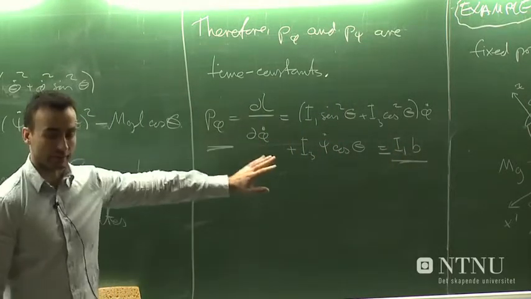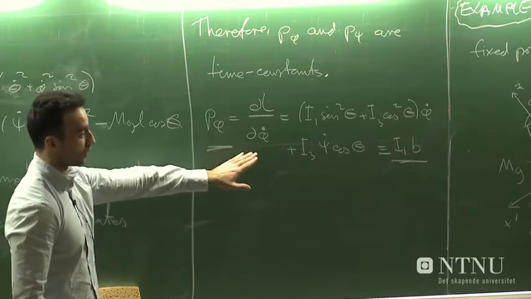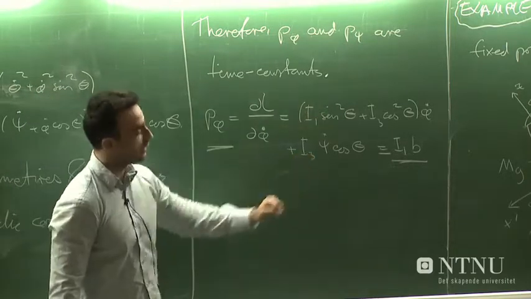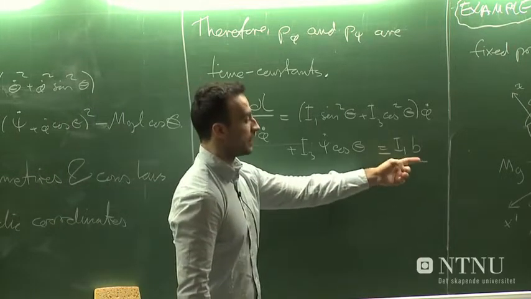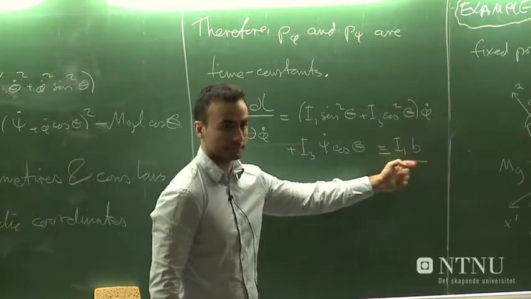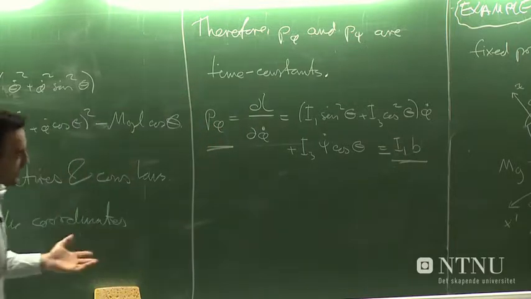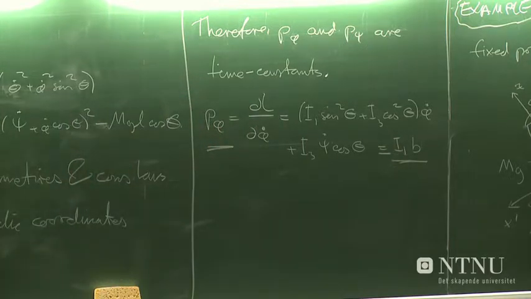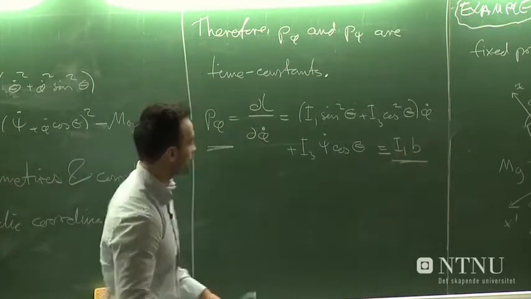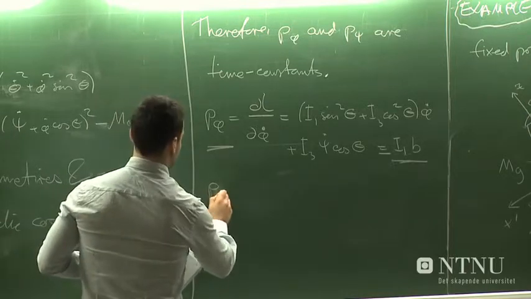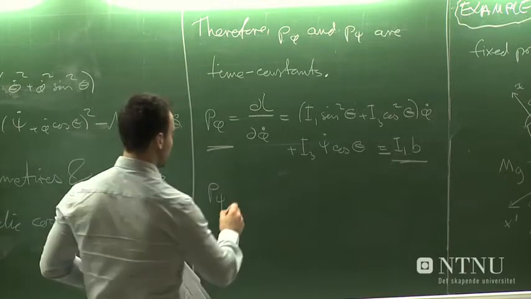The partial derivative of the Lagrangian with respect to phi dot is given by this, and it should be a constant. So we define this constant as I1 multiplied with b. I could just as well have called it b, but we'll see that it's more convenient to name it I1b. But this is not essential. All right, now on to p psi.